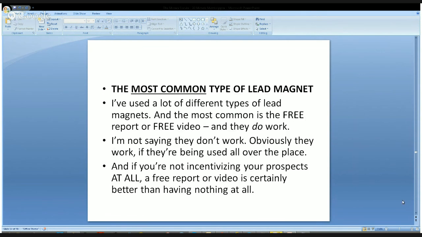Now, the most common type of lead magnet, and I've used a lot of different types of lead magnets over the 17 or 18 years I've been online, is something like a free report or a free video, and they do work. I'm certainly not saying they don't work. Obviously they work if they're being used all over the place. And if you're not incentivizing your prospects at all, a free report or video is certainly better than having nothing at all.